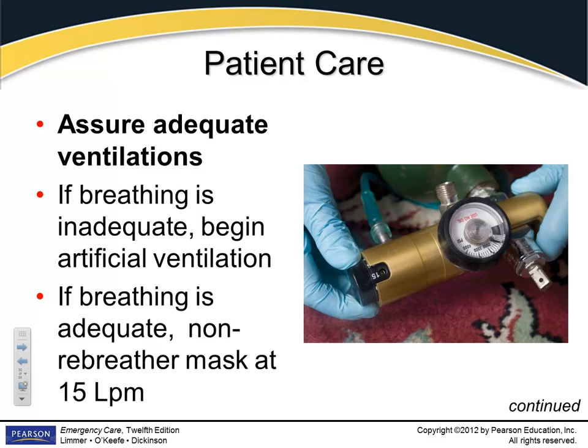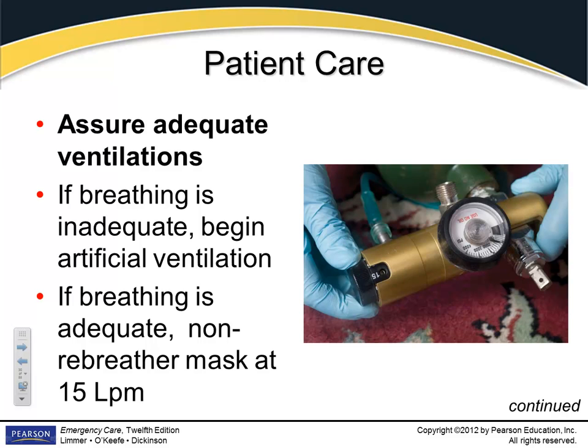If they're breathing adequately, all right, put the pulse ox on them. If they have 98%, no respiratory distress, are we going to put them on a non-rebreather? If they are having respiratory distress and the pulse ox is 96, what might you do?